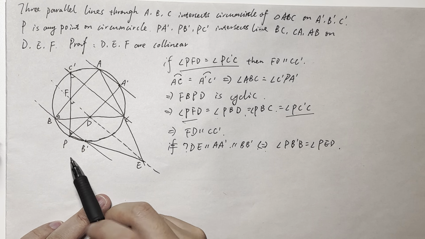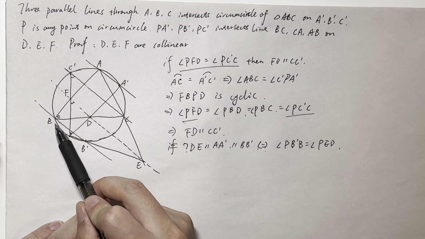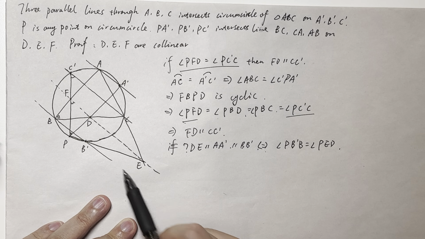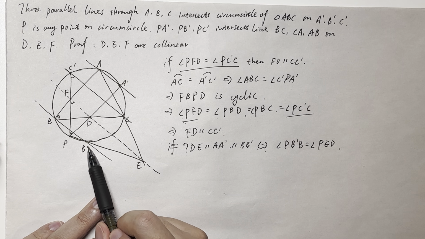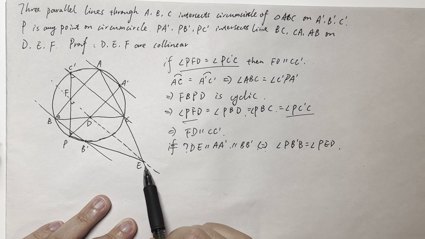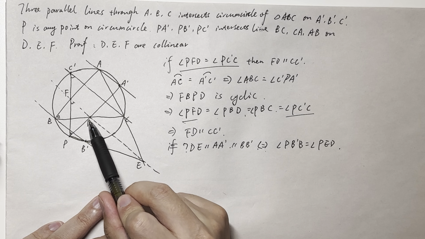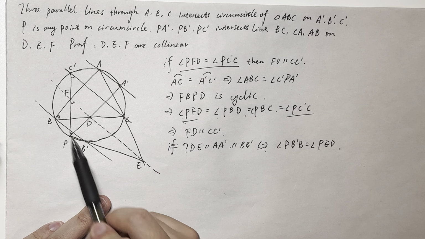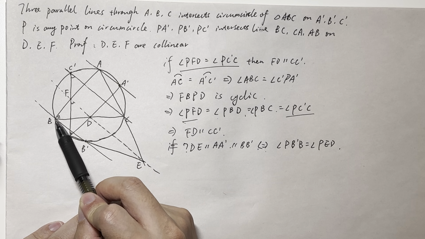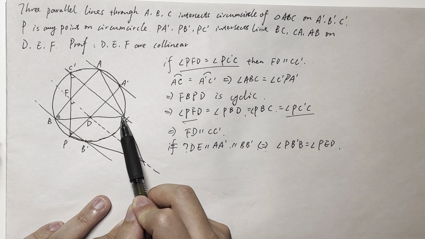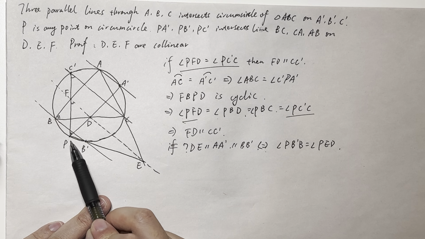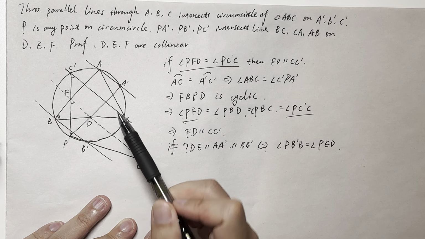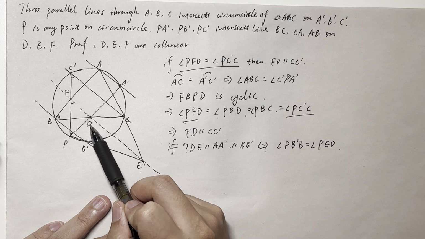So we already know that PB prime B is an angle on the circumcircle of triangle ABC. So now we want to find a way to translate angle PED on the circumcircle, right? The PB prime B equals to PCB, right? So if angle PCB equals to angle PED, that means the PECD would be cyclic, right?